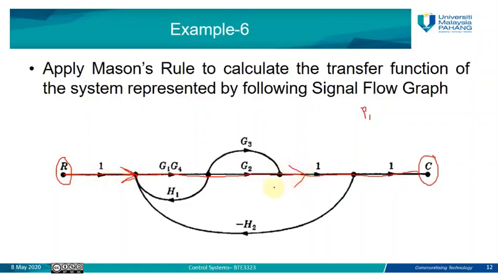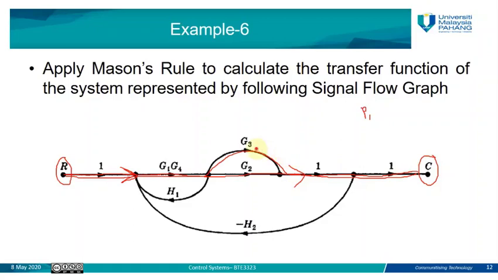The second forward path in this signal flow graph must also start from the input point and stop at the output point. Don't start from here or there; you should start from the first node and end at the last. So this is how to find a forward path. The second forward path starts from R, goes to this point in the same direction, then goes up, up again, and back to the main direction.